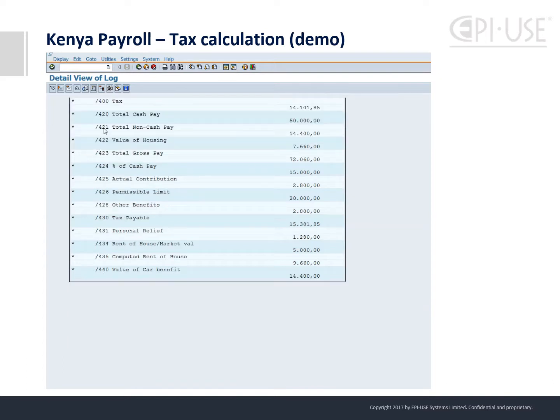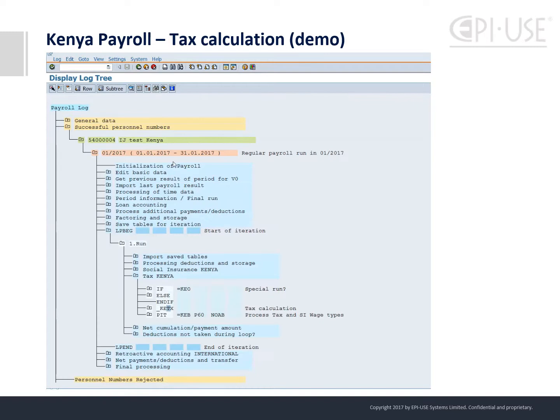If I look, there's my tax, total cash pay, all of the calculations, and these are all stored in these last 4 wage types, and these will be used in my iTax reporting as well. So the payroll log is there to show you exactly how the tax was calculated.